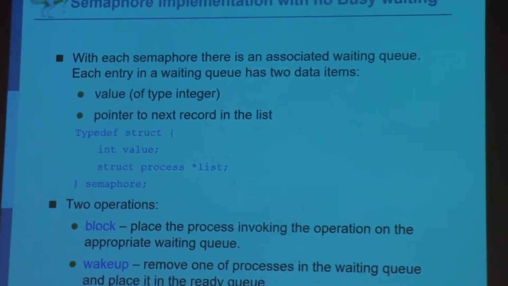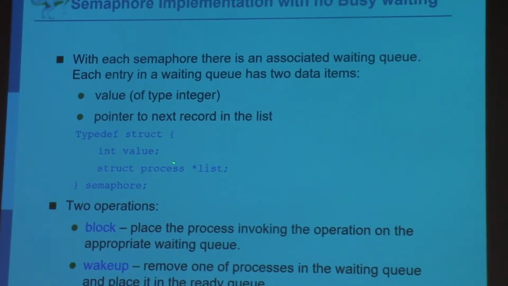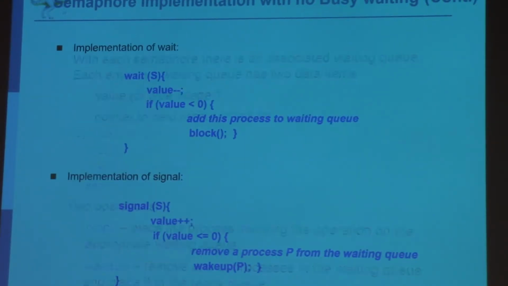You need to add something additional, an operation to check how many processes are waiting. But this structure, in addition to the semaphore, has the process list and an integer value. Just like the semaphore, it has block and wakeup. So this is a kind of extension of the semaphore data structure.